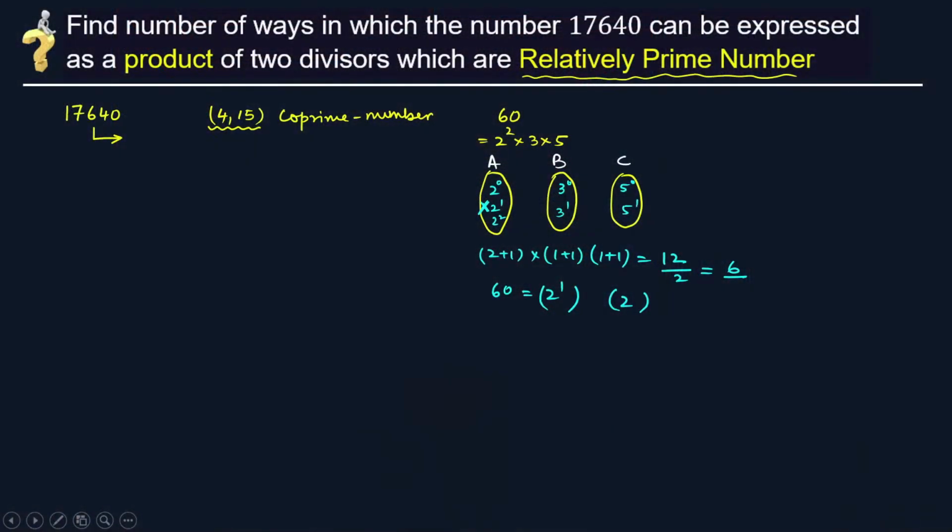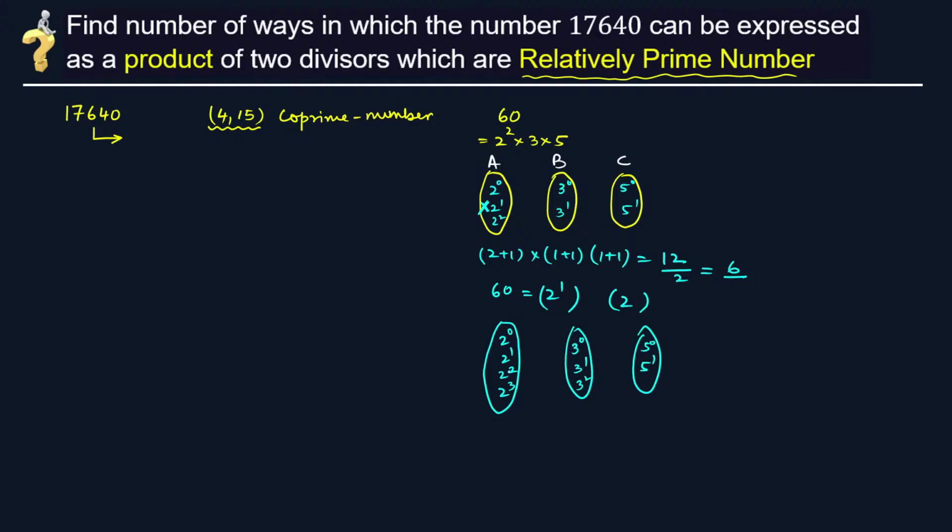Suppose there is a number in which we have 2 to the power 0, 2 to the power 1, 2 square, 2 cube, and there are other primes also, let us say 3 to the power 0, 3 to the power 1, 3 square, 5 to the power 0, 5 to the power 1. I'm just taking an arbitrary number.